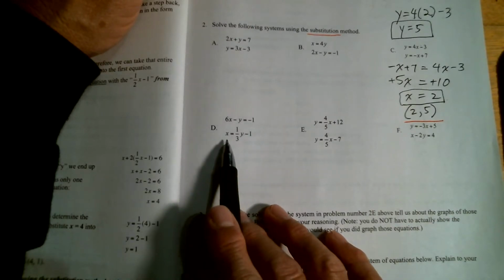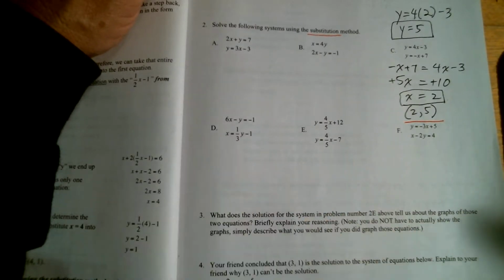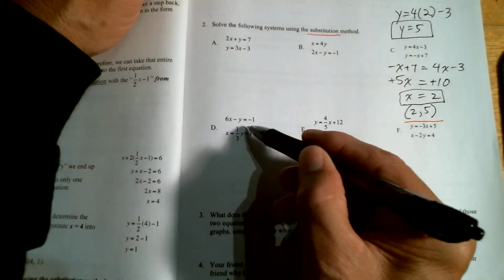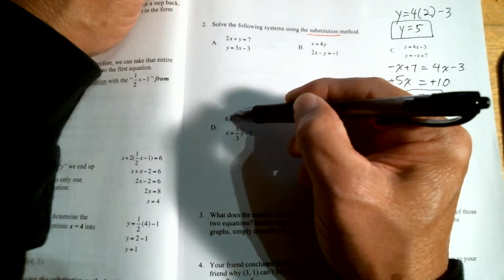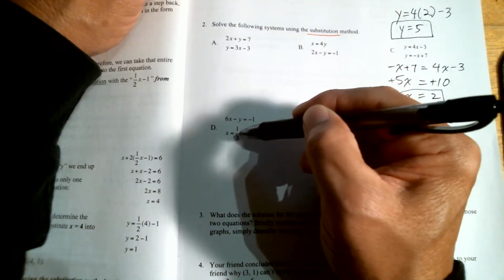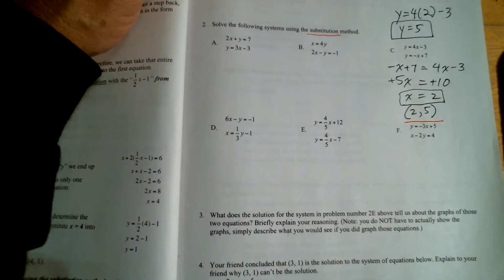Okay, look, x equals something here, which makes it perfect for using the substitution method, because I can take this entire value of x and substitute it right there, right here. This entire value will go right there because it says x there. It's the same x, okay? It's the same thing.